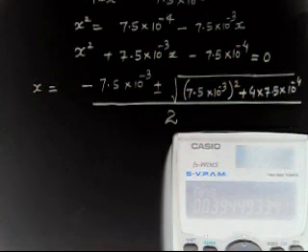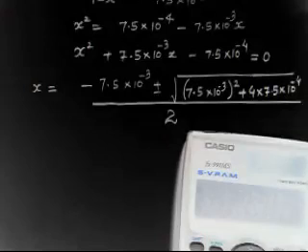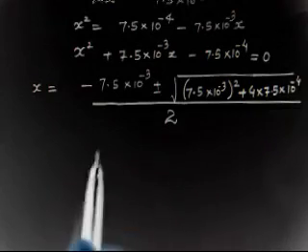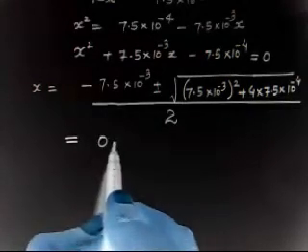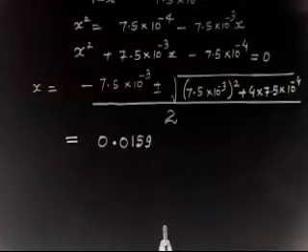So minus 7.5 into 10 raised to the power minus 3, this divided by 2. So this is 0.159. So this value x is coming out to be 0.159. So this is my concentration of H plus.